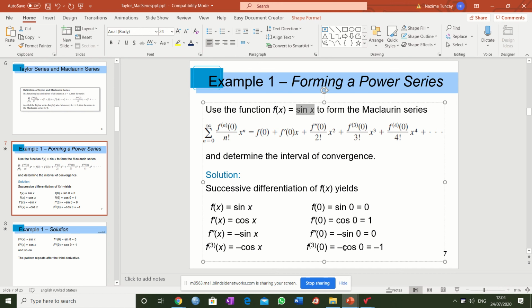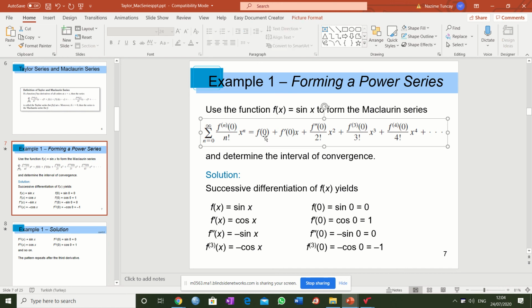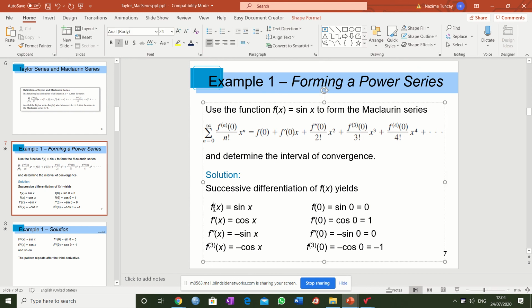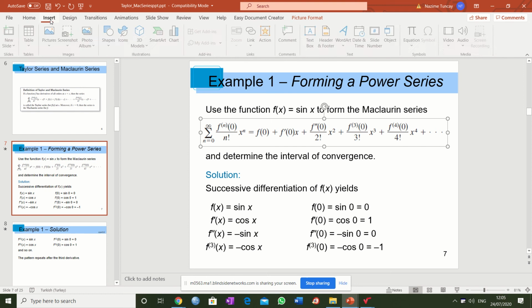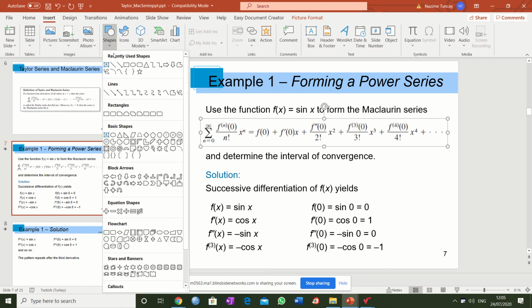We are going to put 0 first of all here. So how can we calculate it? This is f(x), this is the first term, f(x) = sin x. Now here we are going to put 0 at first. We are going to insert 0.